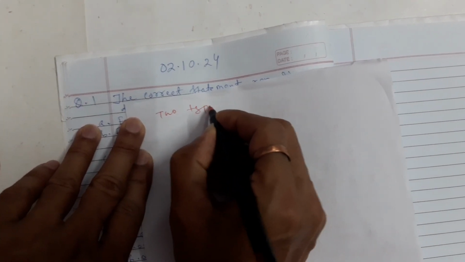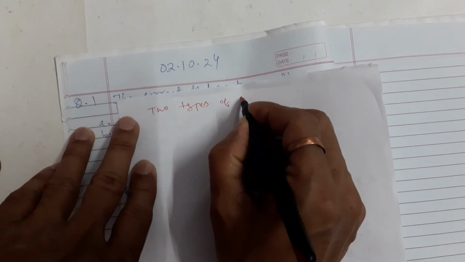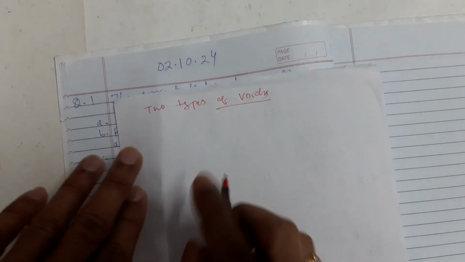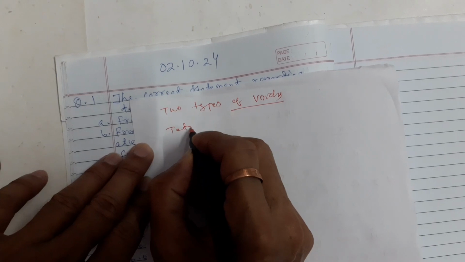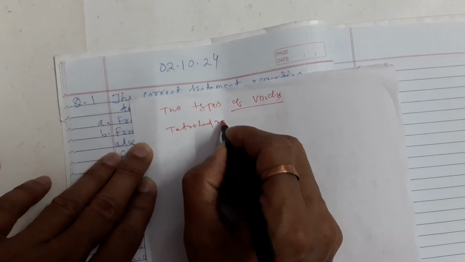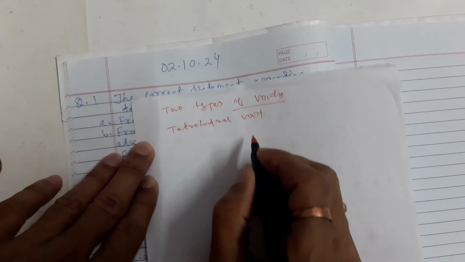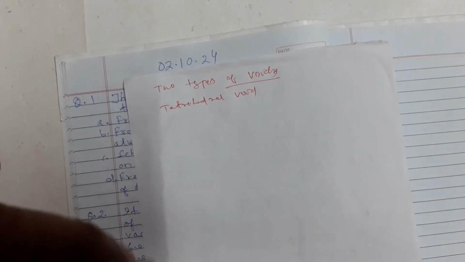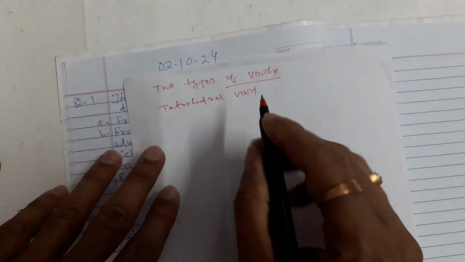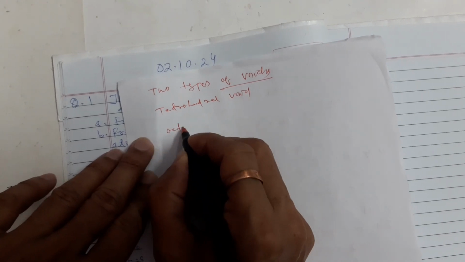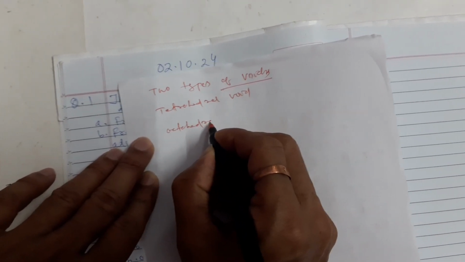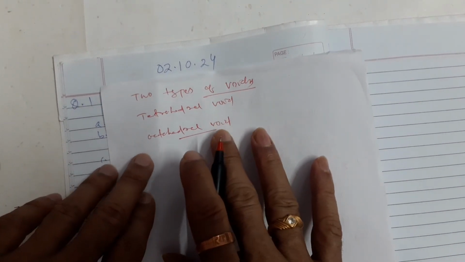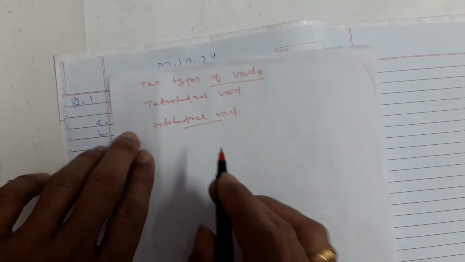One is the tetrahedral void, the other is the octahedral void.